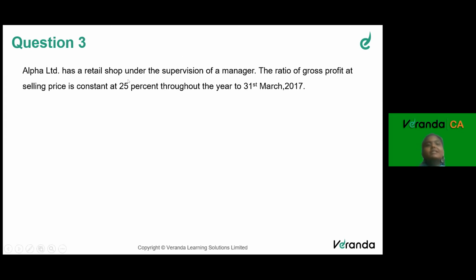So Alpha is a retail shop under the supervision of a manager. The ratio of gross profit to selling price is constant at 25% throughout the year. So this 25% is on what?